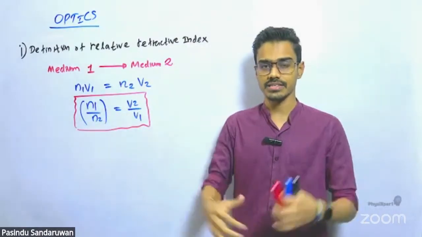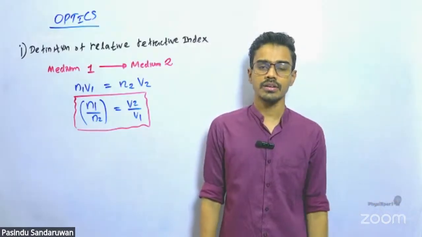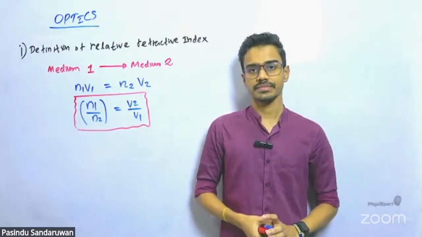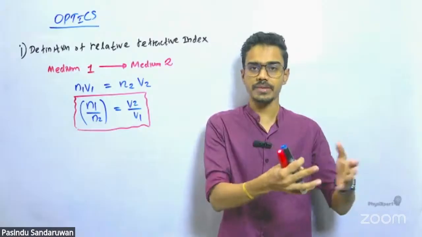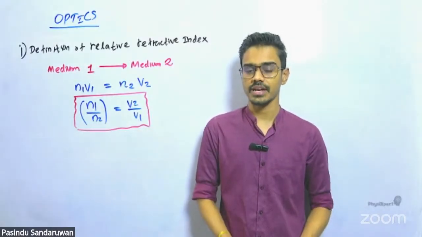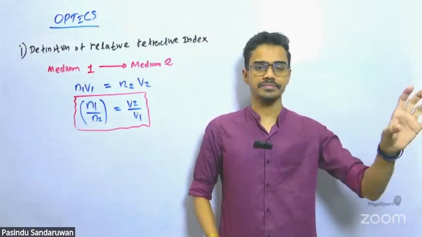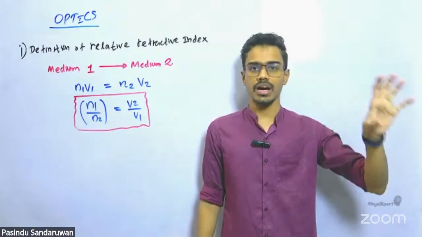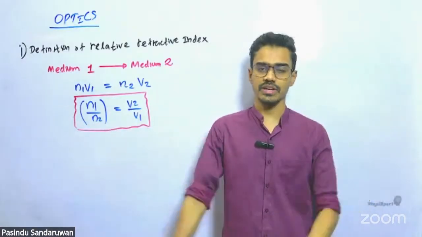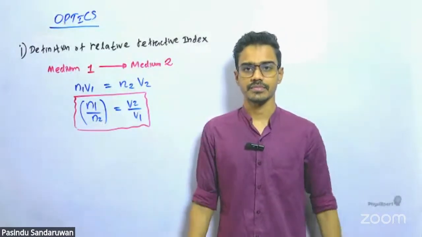Likewise, if that is defined with respect to a different medium, that is called relative refractive index. Absolute refractive index is when that is defined with respect to a vacuum, and relative refractive index is when that is defined based on another different medium.